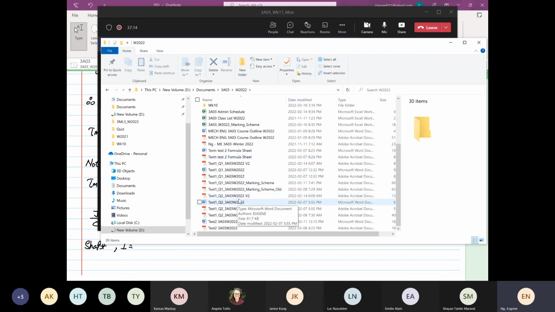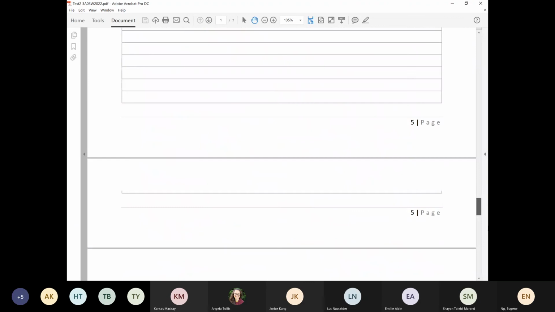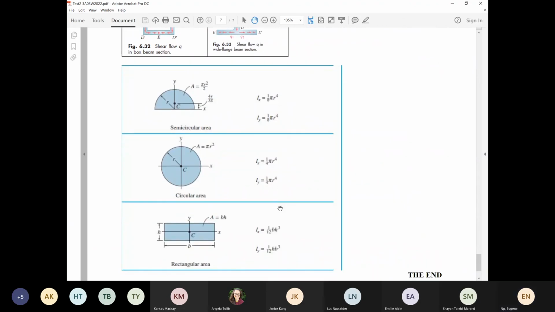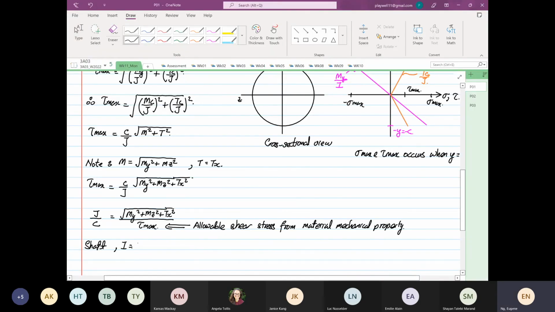If we look at the formula sheet, it is pi over 4 radius to the power 4. So that's I.